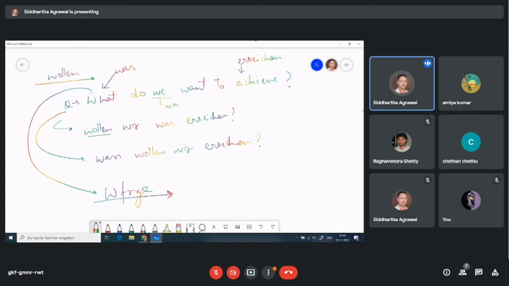Well, I'm not quite sure. I'll just check out how this rule is broken here. So wollen wir was erreichen is technically right as far as we have learned, but unfortunately I have to erase it because this is not the right one. The right sentence will be was wollen wir erreichen.